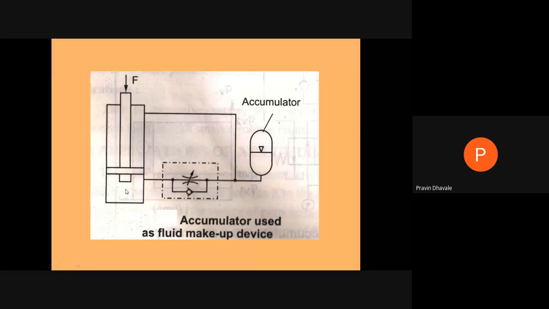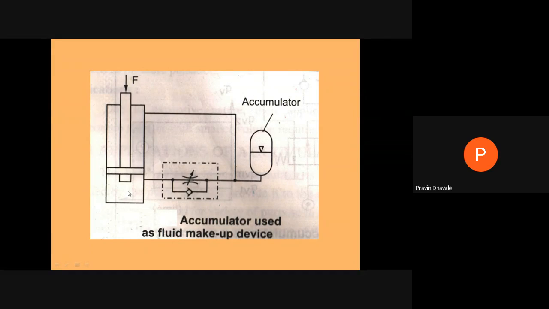So if we consider this one as V1, this one as V2, and this one as V3, then the actual volume at this section, that is V2 minus V3, is less than V1. At that time, whatever liquid or fluid is displaced from this volume V1 cannot be accommodated by this volume, that is V2 minus V3. A certain amount of the fluid will remain unoccupied. That will get stored in an accumulator.